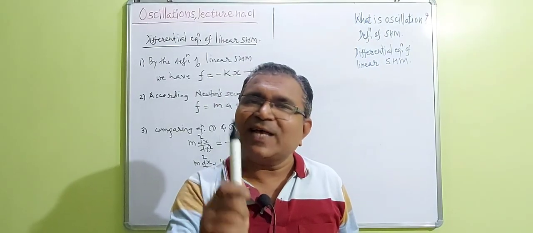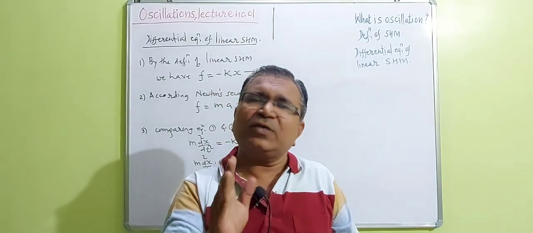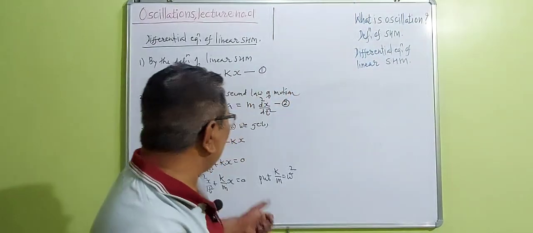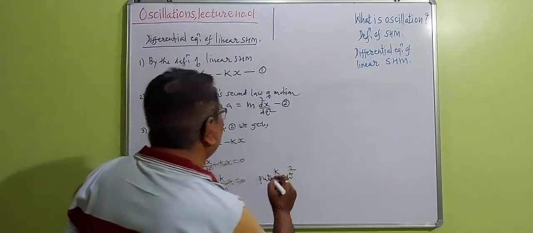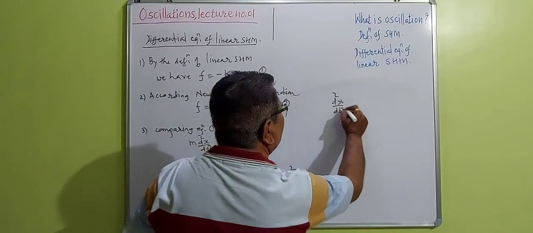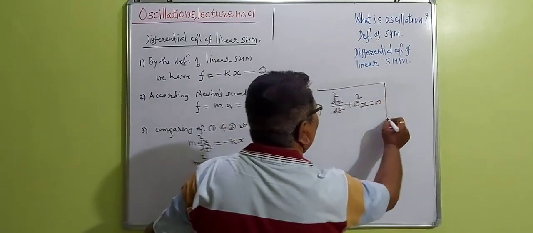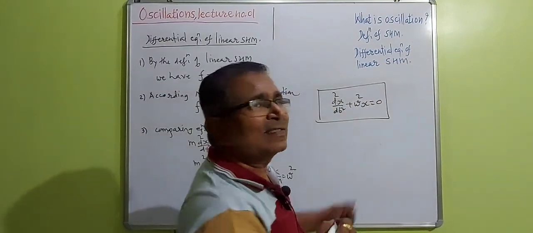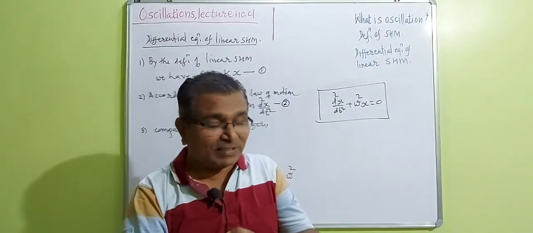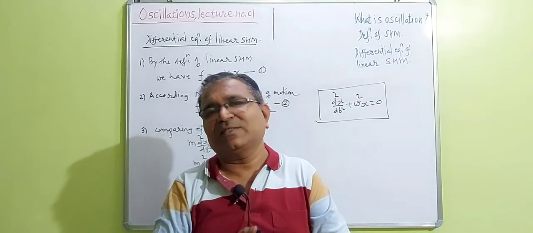Omega is also called as angular frequency. Remember well, dear student, it is angular velocity or angular frequency, one and the same. By putting the value of k by m here, you will get d2x by dt square plus omega square x is equal to 0. This is the differential equation of linear S.H.M.